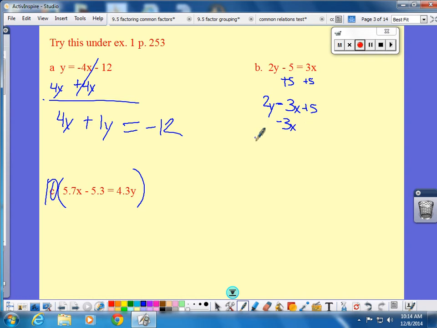Make that equals sign look like an equals sign. Good job. Subtract 3x from both sides. Good. And then we can't have a negative 3, so we put it in parentheses and multiply the whole thing by negative 1.